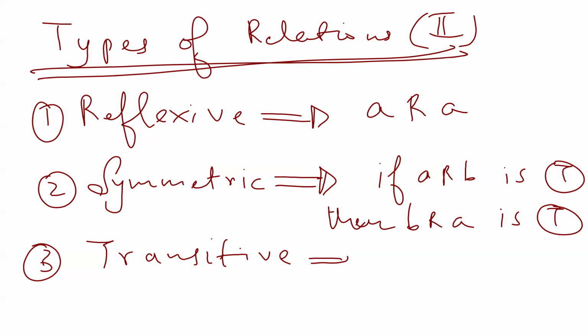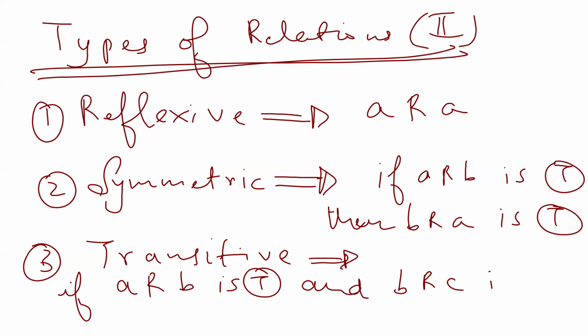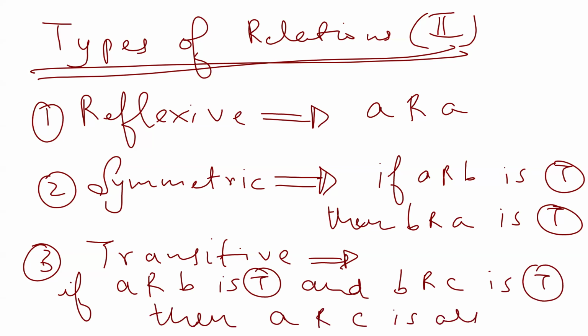And the third thing, transitive: if A relates to B is true and B relates to C is true, then A relates to C is also true.